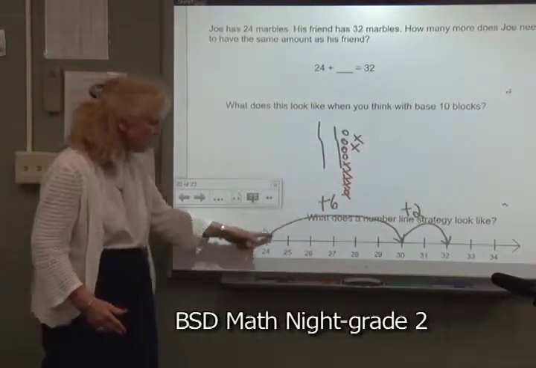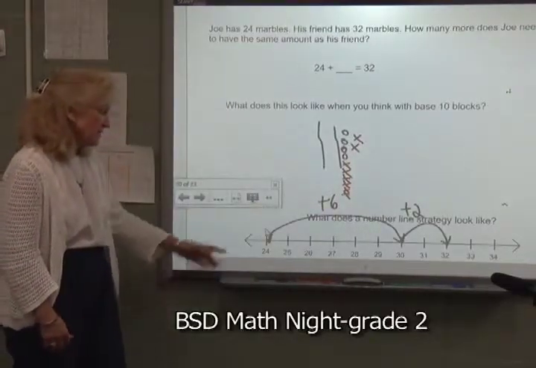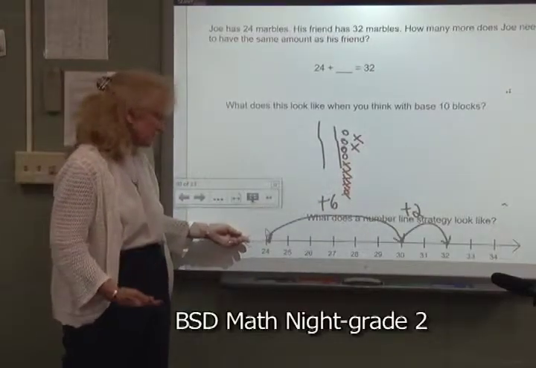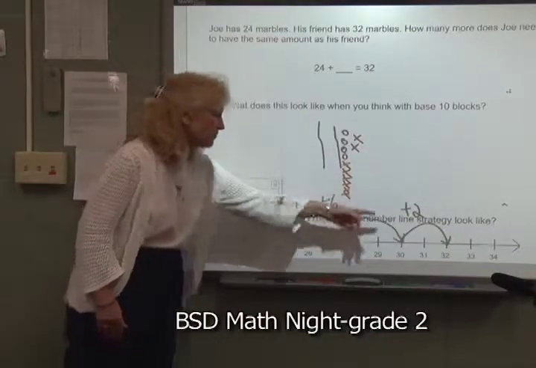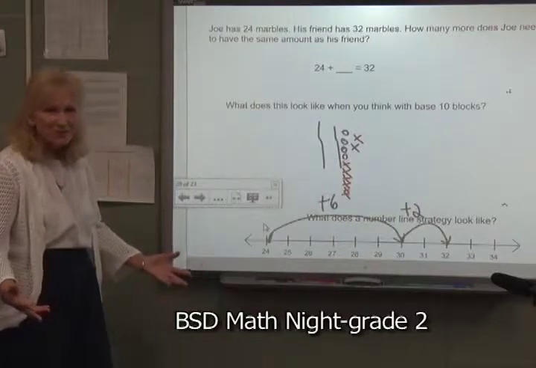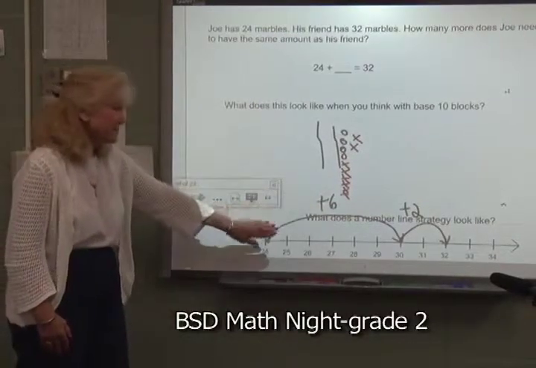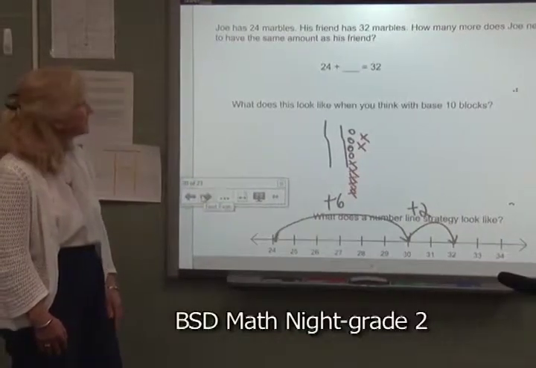Children will start off with single jumps or hops. And then once they have the benchmarks, 24 and 4, they can do that. 24 and 6, they can do that all at once. Base 10, number line. Sally?